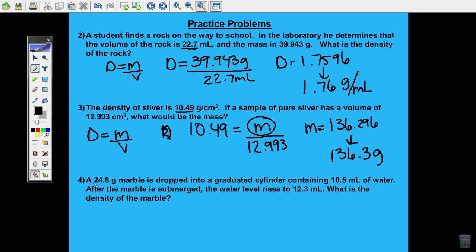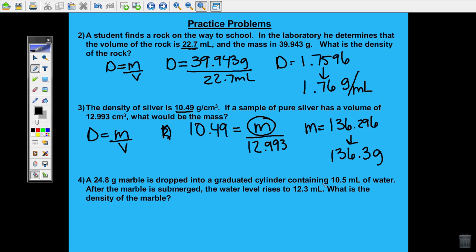Here, last one. A 24.8 gram marble is dropped into a graduated cylinder containing 10.5 milliliters of water. After the marble is submerged, the water level rises to 12.3 milliliters. What is the density of the marble? So since we can't actually measure a marble, we use what we call water displacement.